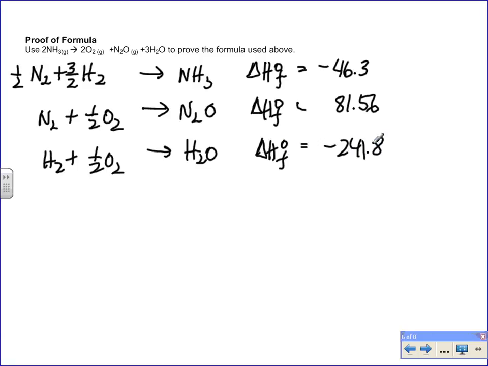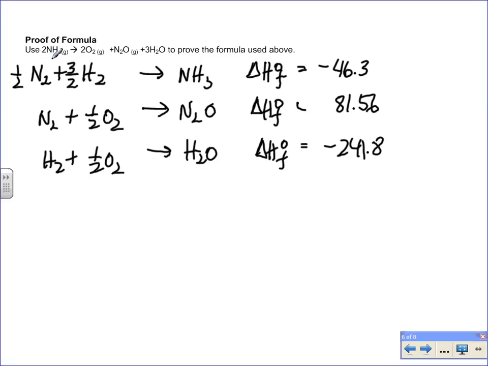So these are the appropriate heats of formation reactions that would apply to this particular overall reaction. Now if we take these reactions and we apply Hess's law, use these reactions to find the delta H for our goal reaction, let's see what happens.